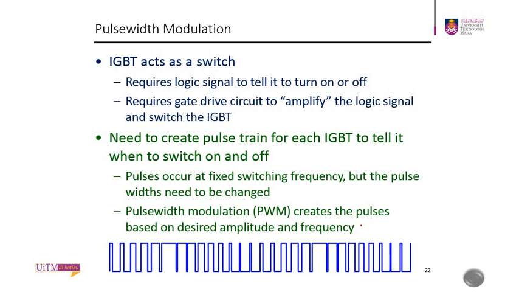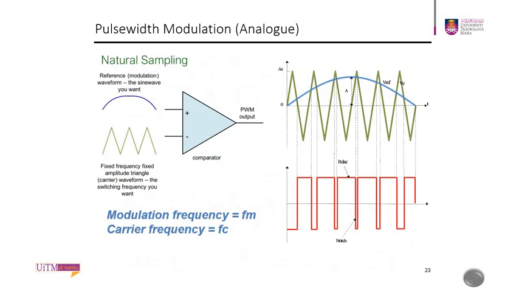And PWM creates the pulses based on the desired amplitude and frequency. So I think you are very aware of this PWM. You have your modulation wave and your carrier waveform that are compared to produce the PWM output.